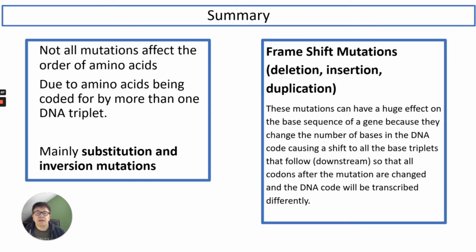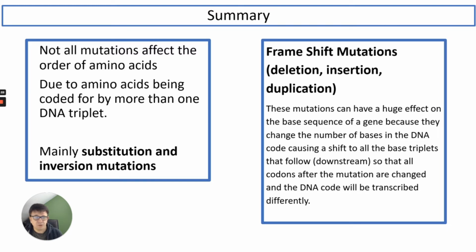So just to summarize, not all mutations affect the order of amino acids. For example, silent mutations, because amino acids are coded for by more than one DNA triplet, and that's mainly in substitution and inversion mutations. Whereas more serious are frame shift mutations related to deletion, insertion and duplication.